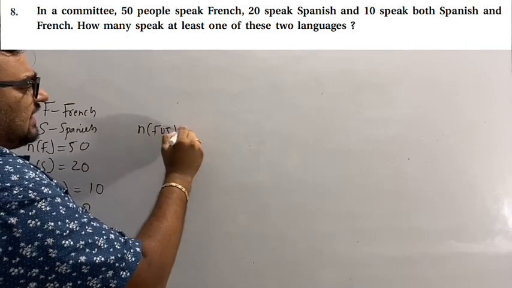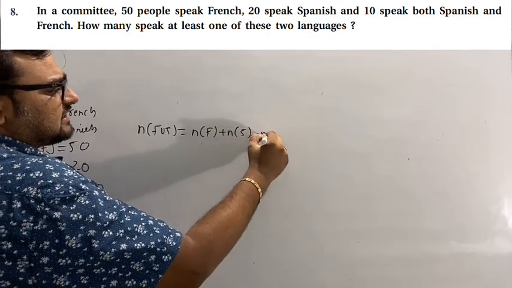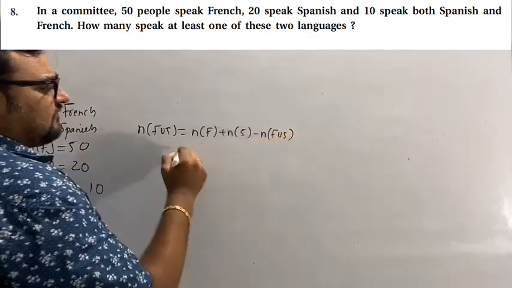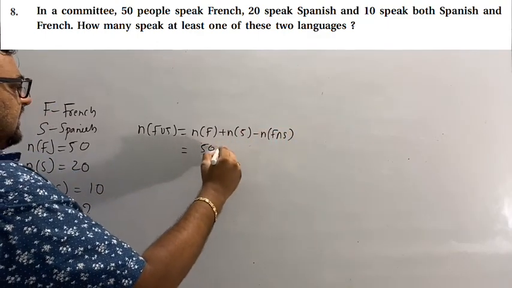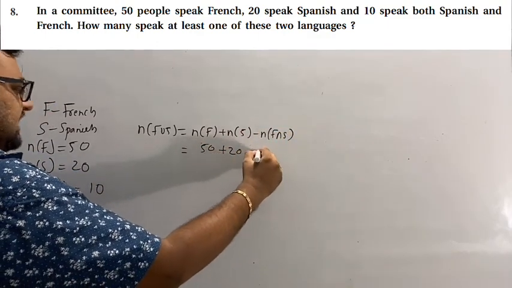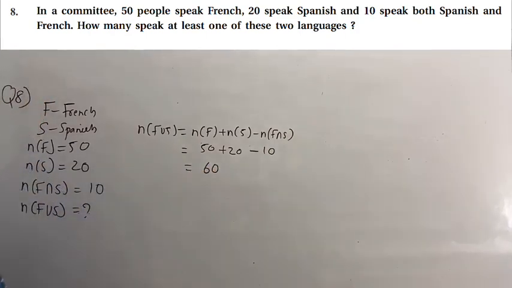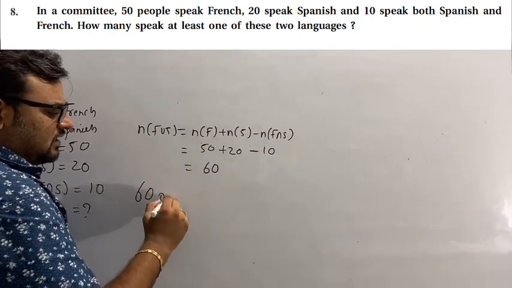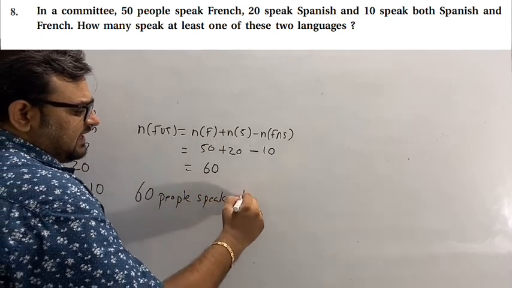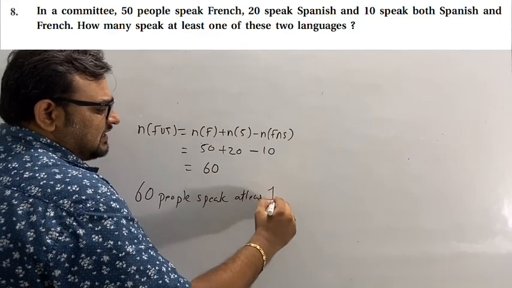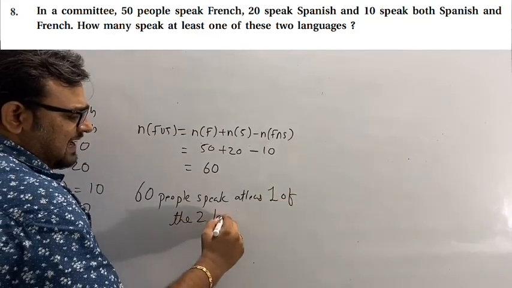F union S equals n of F plus n of S minus n of F intersection S. So n of F 50 plus n of S 20 minus 10. So this will be equal to 60. So 60 people speak at least one of the two languages.